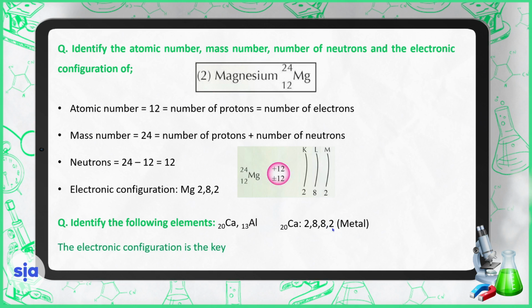And because calcium has less than 4 electrons in the outer energy level, it is a metal. Aluminum with 13 atomic number, 13 electrons. So the electronic configuration is 2, 8, 3. It's also a metal because the outer energy level contains less than 4 electrons.